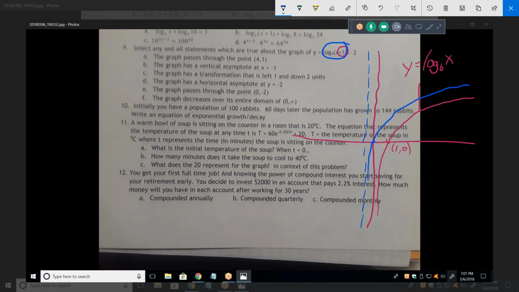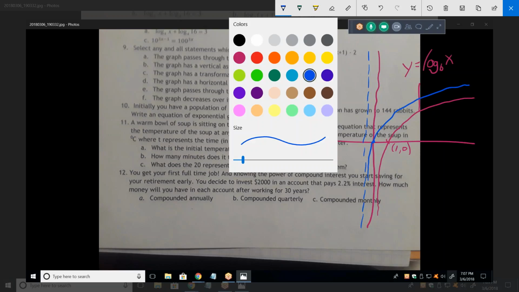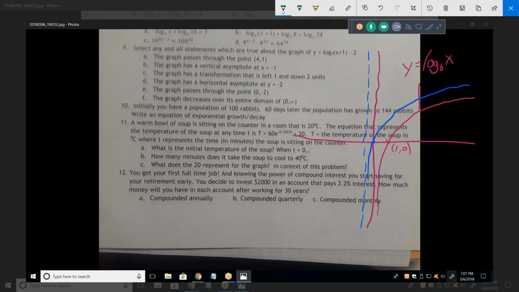Okay, so that's that part. What's the consequence? Is that a negative 2? Yes. I can barely read it. So what's the consequence of that? It goes down 2.